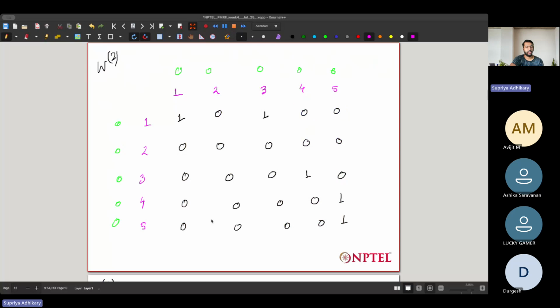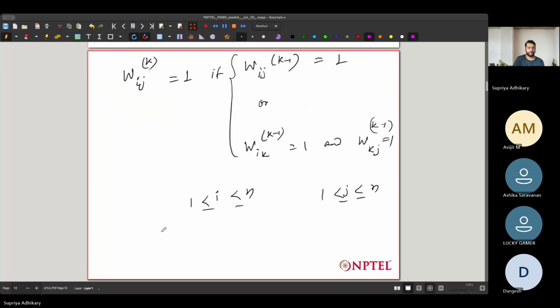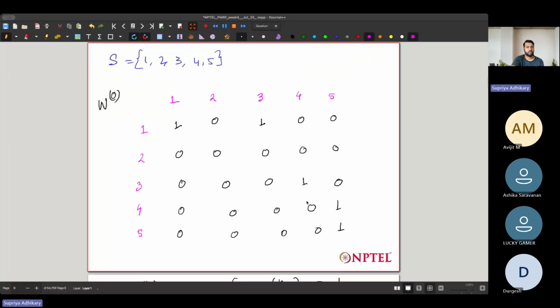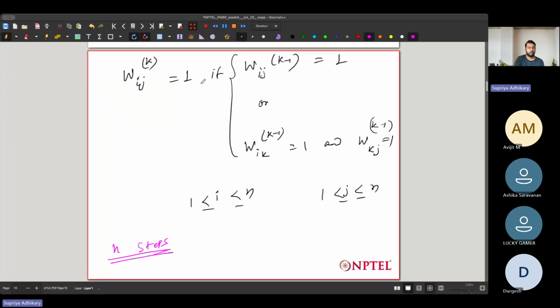At each step, for each ij, the update rule is that we check whether wij k minus 1 is equal to 1, or wik k minus 1 is equal to 1 and wkj is equal to 1. So this is what we are checking for each pair ij.